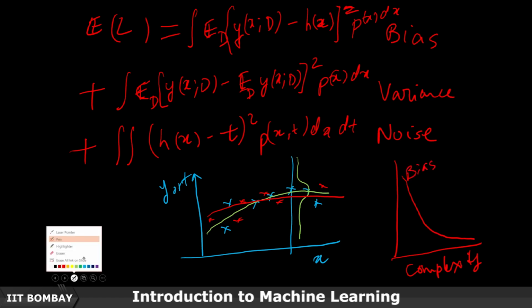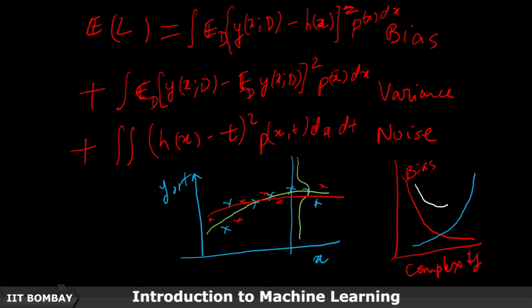However, your variance will increase, and if we add the two, we will get some sort of a minimum. And that minimum is the ideal complexity for the model.